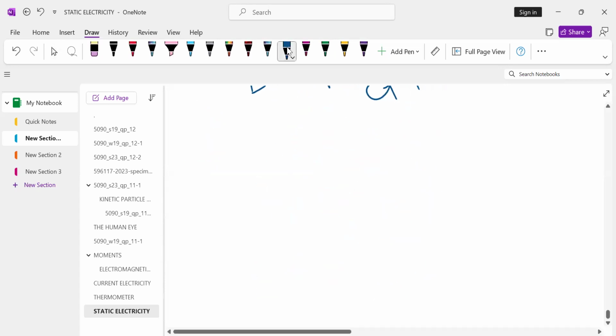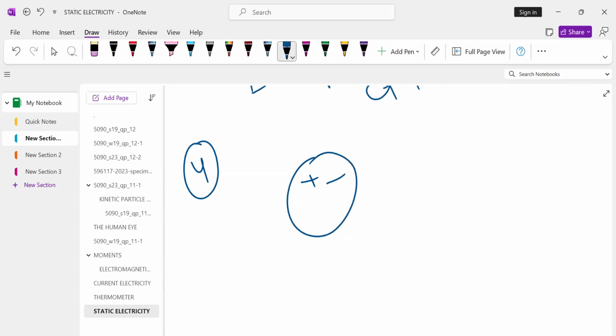Then the fourth condition. In this fourth condition, you have a charged body. This charged body is moving. It is charged and it is moving. Now, when it is charged and it is moving, a magnetic field is formed.